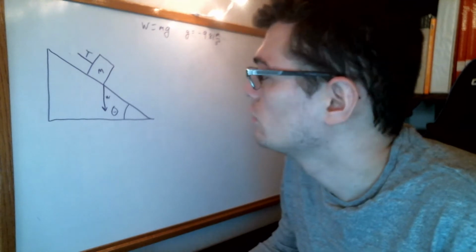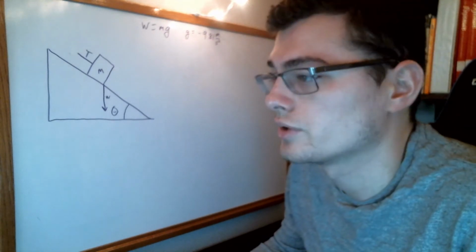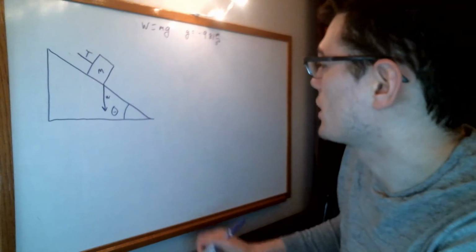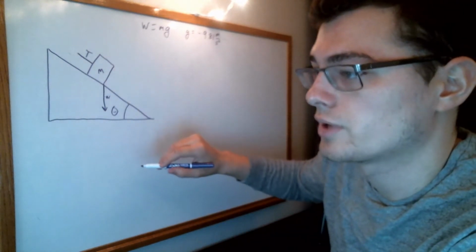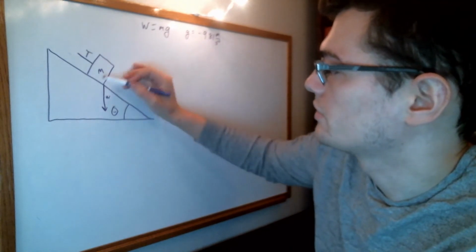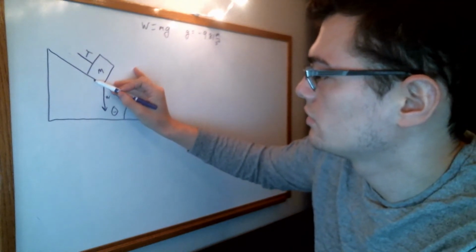So what we want to do is show that this is in equilibrium. The free body diagram for this we'll draw in just a second, but first we have to break down W since it's on an incline.